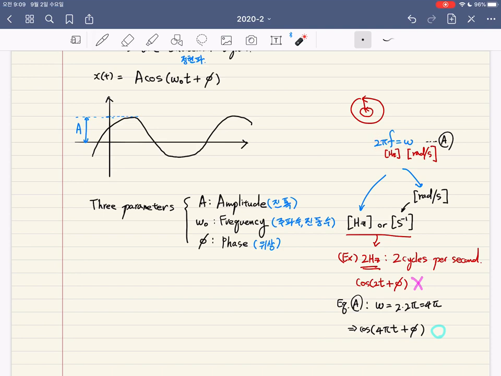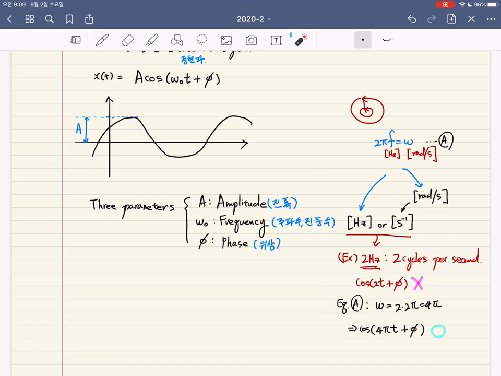And since inside this parenthesis you want to have the unit of radian, when you want to import this frequency information into this equation, you have to convert it into the radian per second unit.